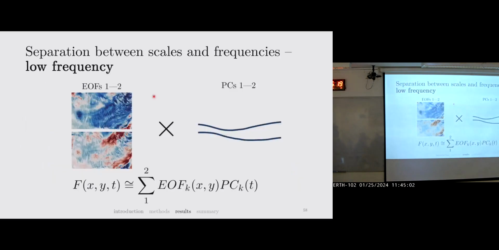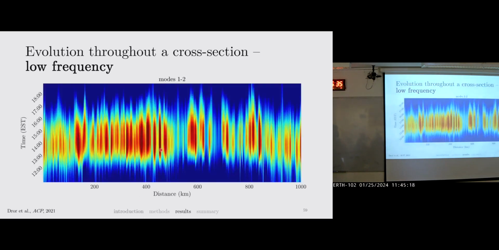But the EOF allows us to reconstruct the field, not only by summing all the modes, but also by trying to separate the different frequencies. So for example, if I reconstruct the field using only the lower frequency modes, modes 1 and 2, and replot this Hovmöller, suddenly I see the cloud streets are much more pronounced.